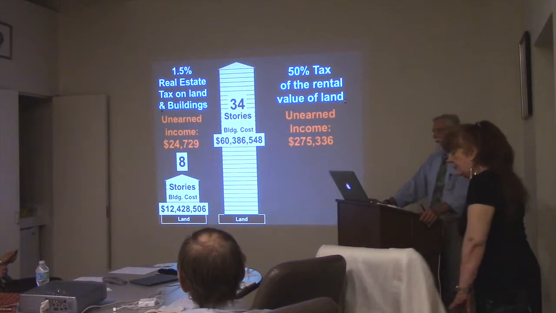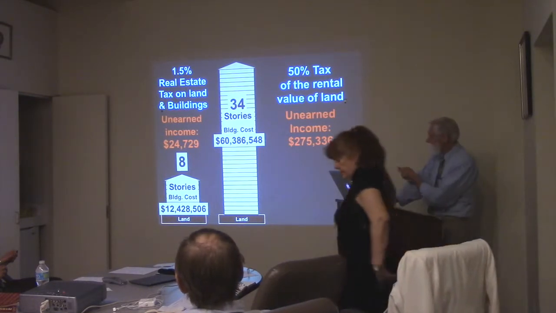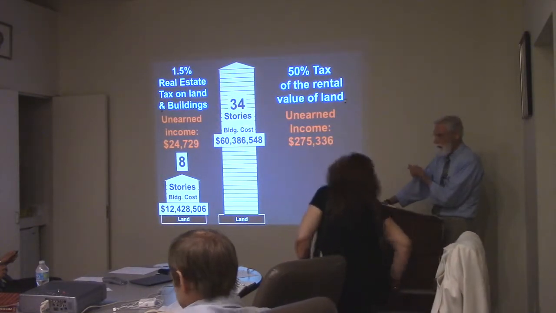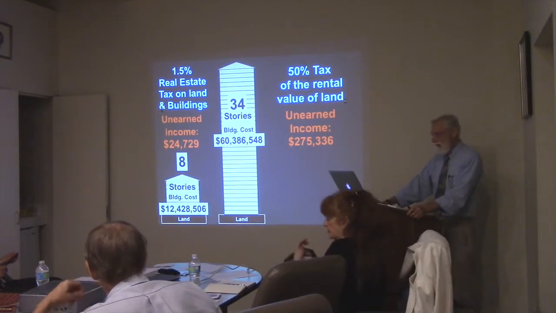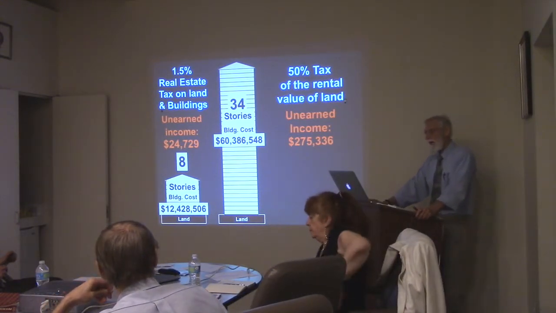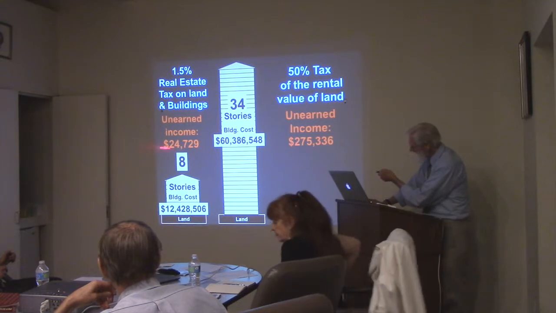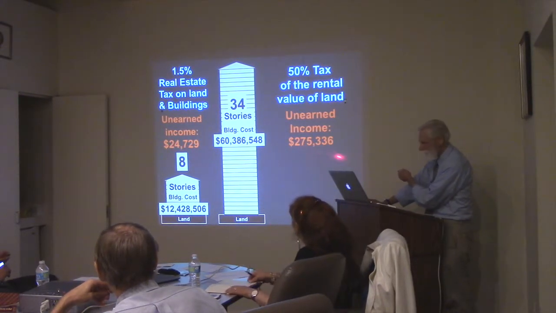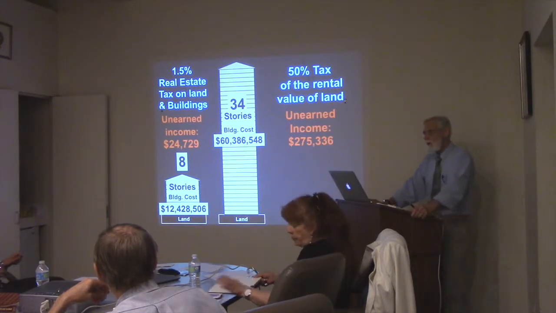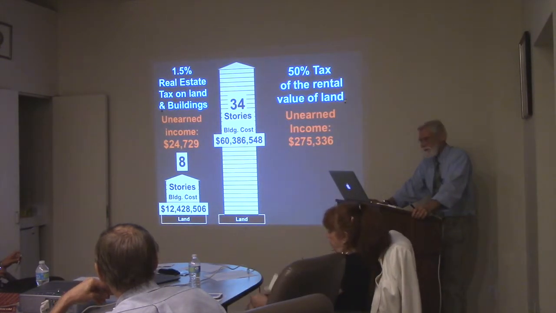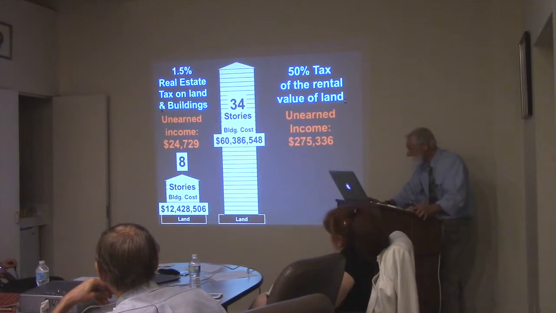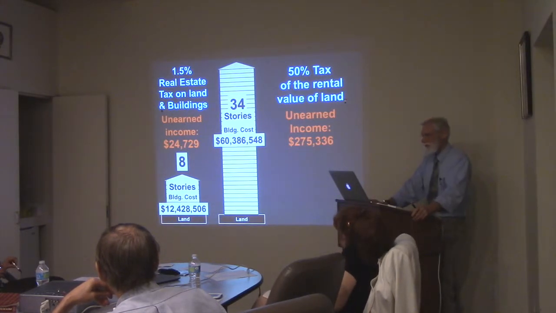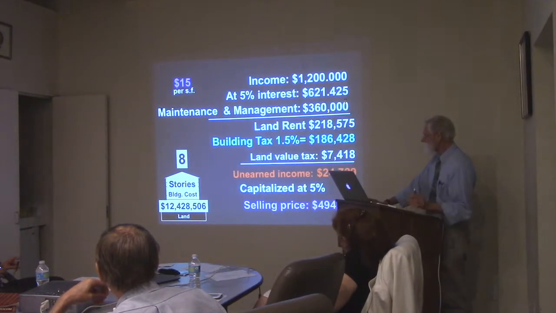And not only are we getting all of this additional space to live and to work in, but the unearned income goes from $24,729 to $275,000. So, without a doubt, the landowners are the biggest winners with this partial shift to land value taxation. Look at the selling price.